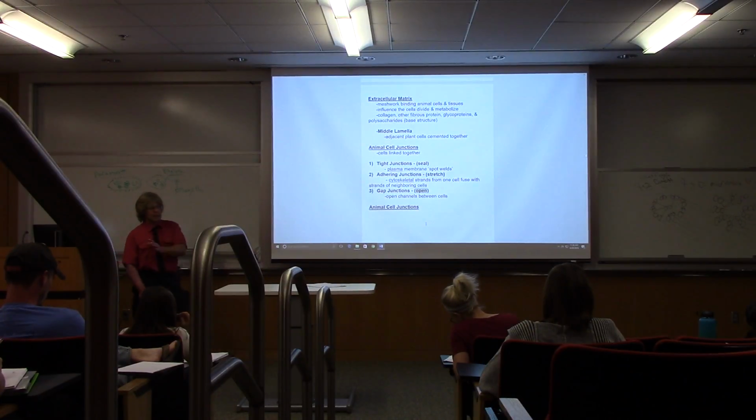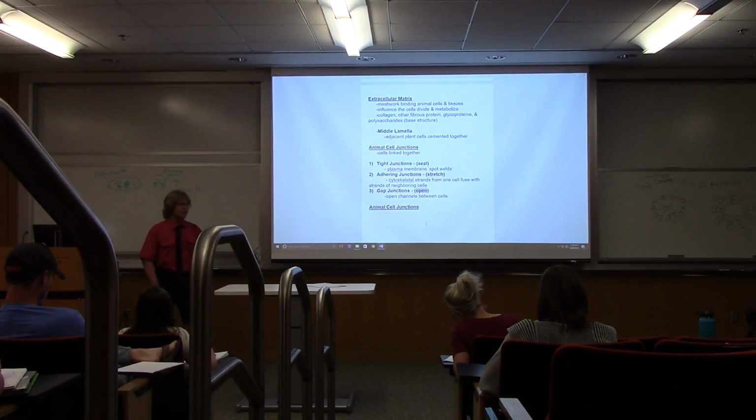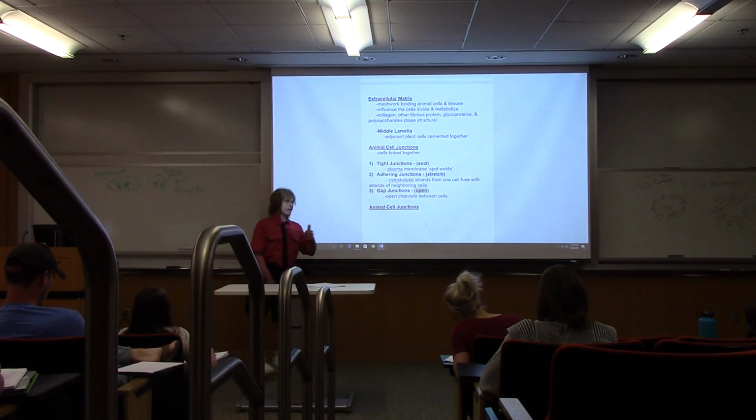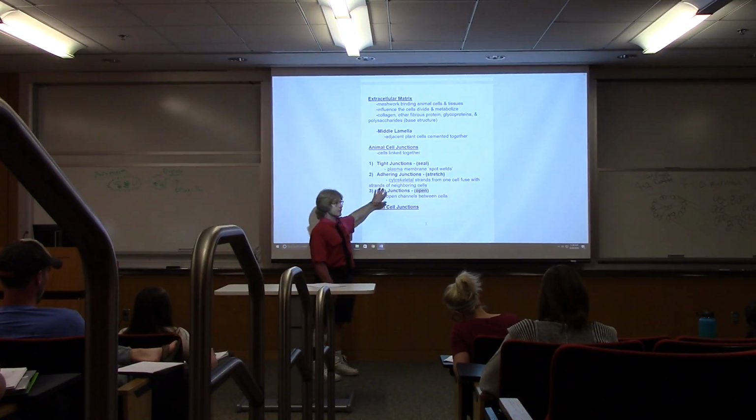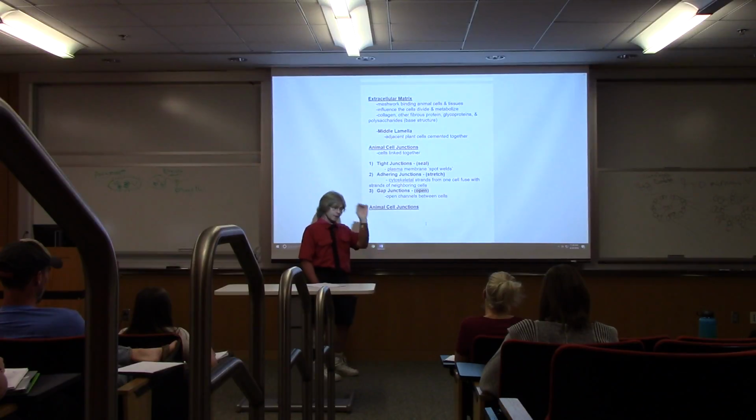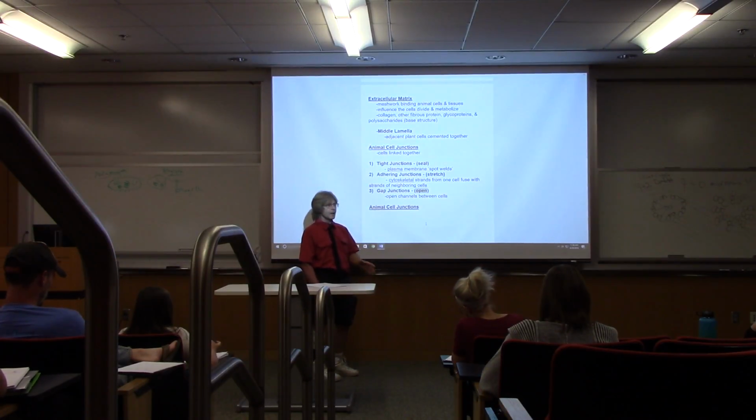So wherever that gradient, high to low gradient, less energy, going through a gap junction, as the name implies, it is just one gap. Okay? Free flowing, working on concentration gradient.